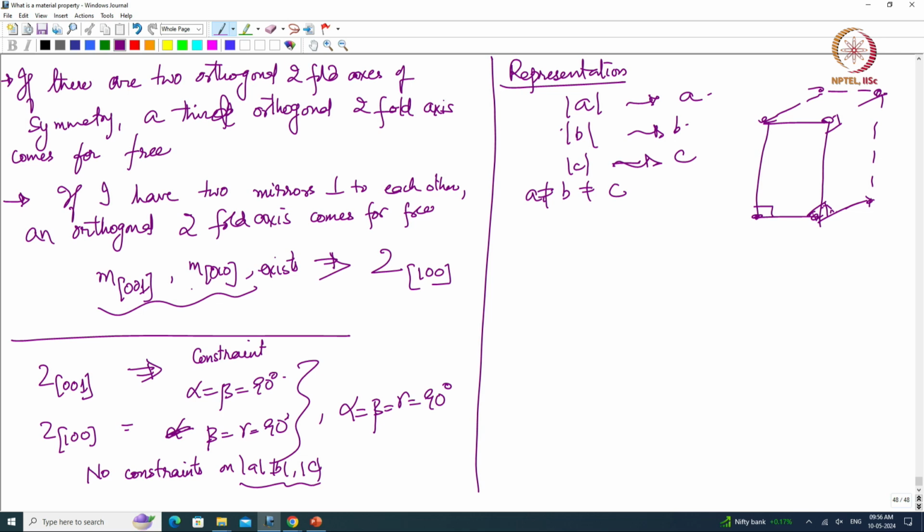So, in general, this is a cuboid sort of unit cell, which is called an orthorhombic unit cell, or the crystal system is actually an orthorhombic crystal system.